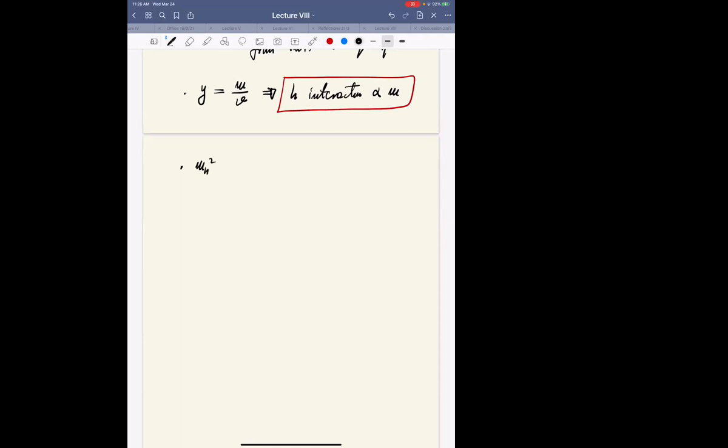M_H square is 2 lambda v square. So lambda is 1/2 m_H square over v square. And this is the way Higgs interacts with itself. This is self-interaction. Again, proportional to mass.